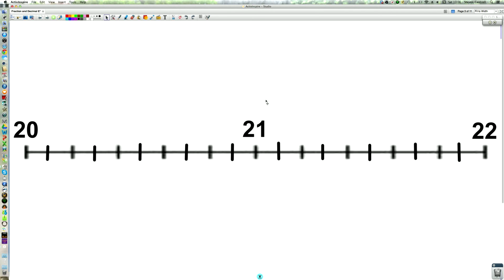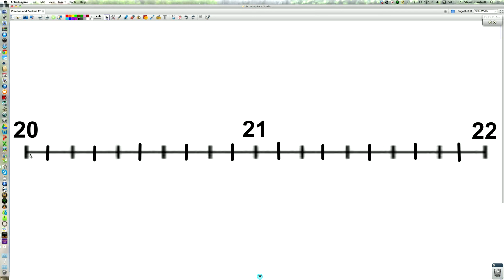If I go on here, where would 20 and 1/2 be? Well, it would be between 20 and 21. How many lines do I have? 1, 2, 3, 4, 5, 6, 7, 8, 9. So I have 10 spaces in here.